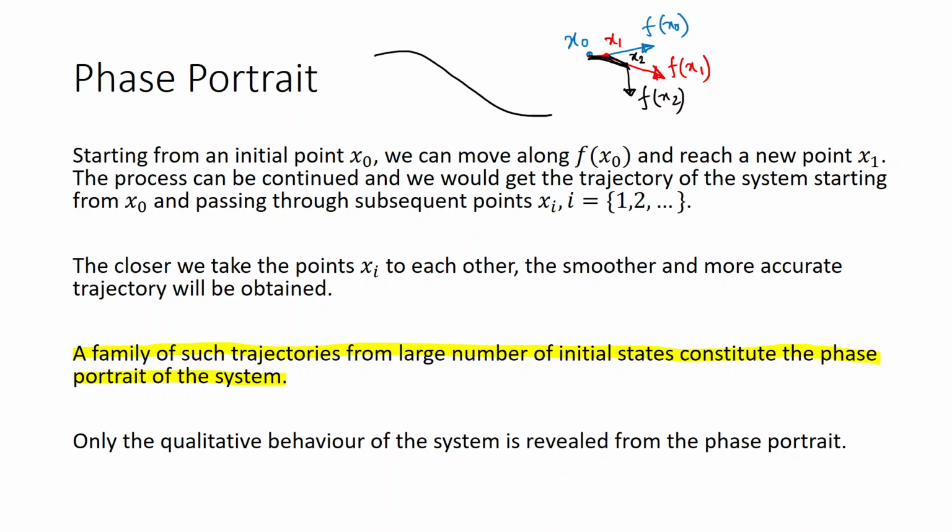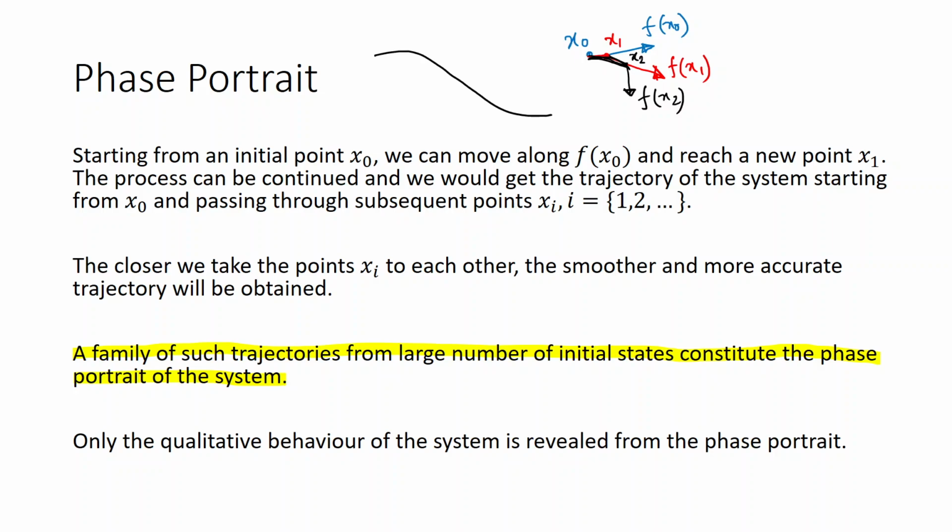This is a qualitative behavior because you cannot actually fix the time; in these trajectories time is implicit, means it is hidden, it is not explicit. So the relationship is not time based, you are only getting a trajectory of the system, you don't know exactly where the system is at a particular time.